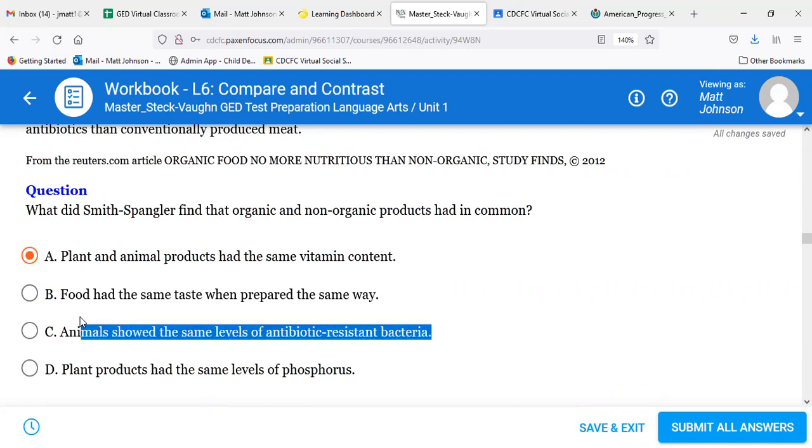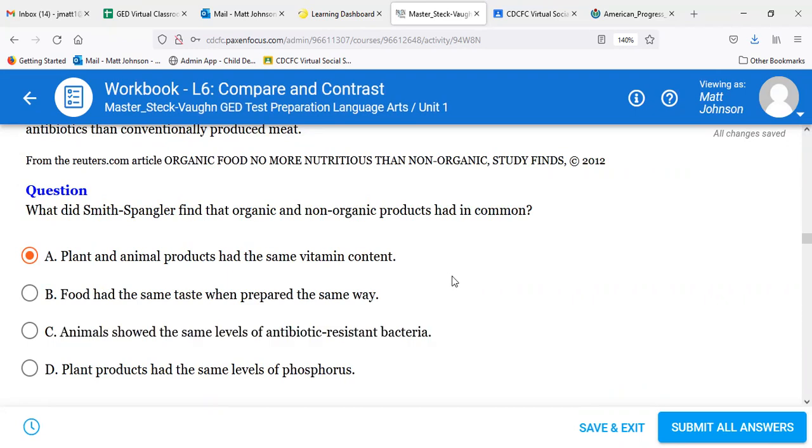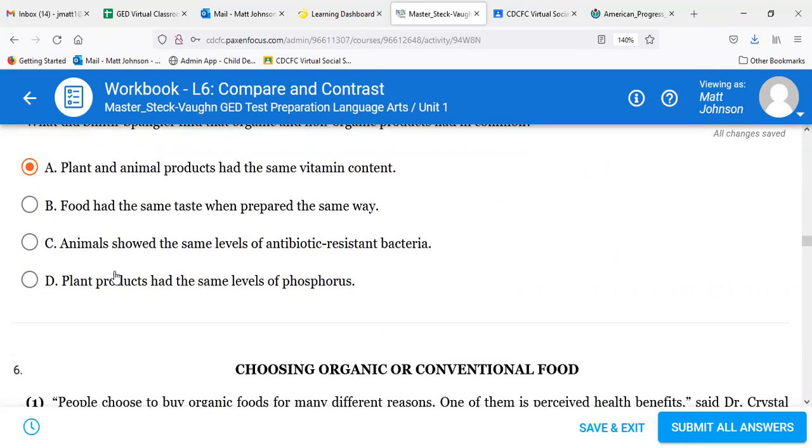No, we know that the ones raised on a conventional farm have more antibiotic-resistant bacteria. And plant products have the same levels of phosphorus? It also says that's the one difference. The one big difference there is that the organic plants seem to have more phosphorus. All right, so 5 is A.